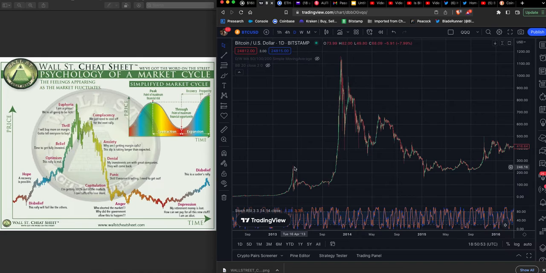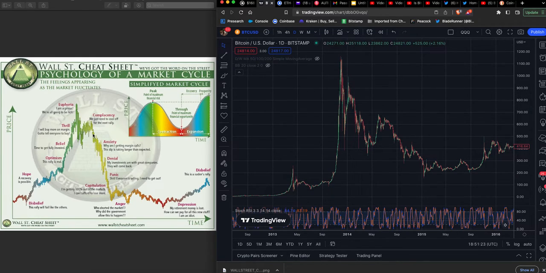Where there was a blow off top, basically a bubble top, like we see here in the psychology of a market cycle, and also a secondary one right after it, all within 2013. Yeah, look at that. Boom and boom, right? And then the recession back into a bear market, okay? Very cool. Again, this is 2013, okay? So it's important to show you all this.